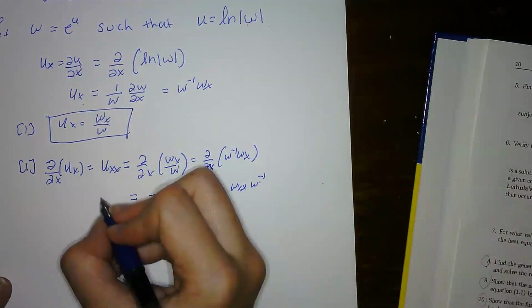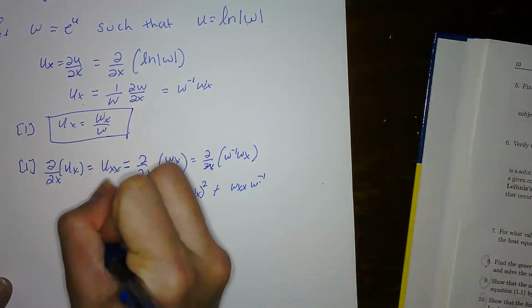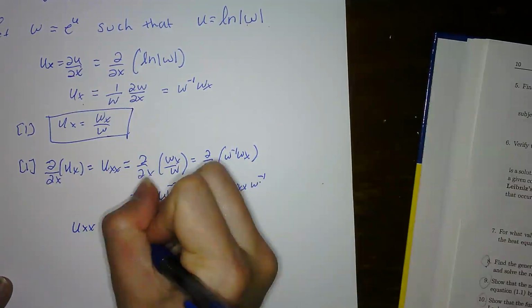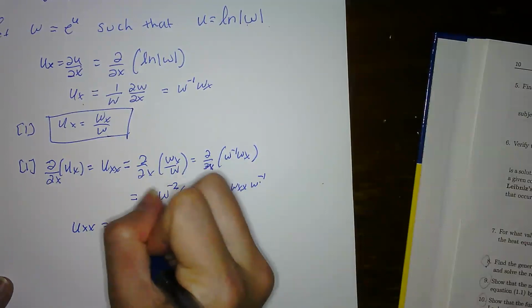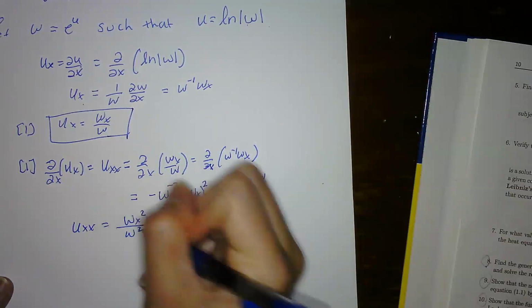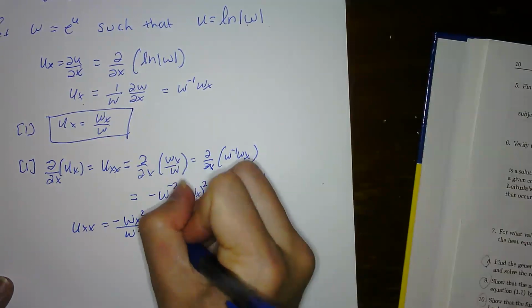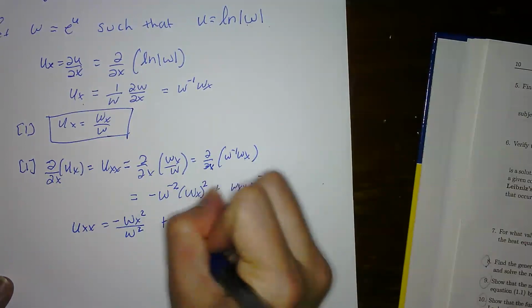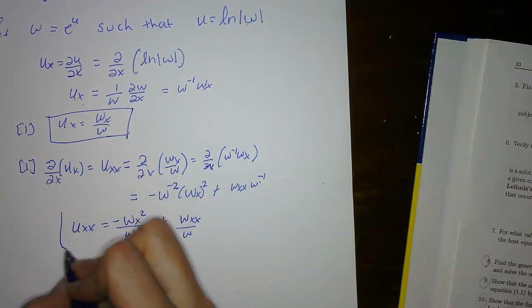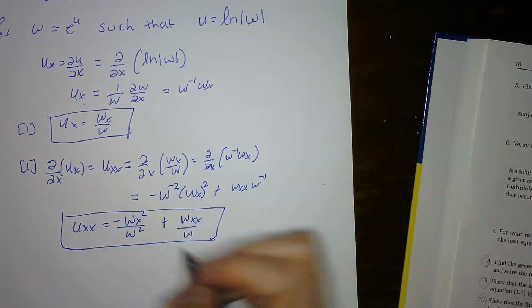So we can rewrite this again, just for clarity, that this is negative w sub x squared all over w squared, plus w sub xx over w. So that's what u sub xx is.